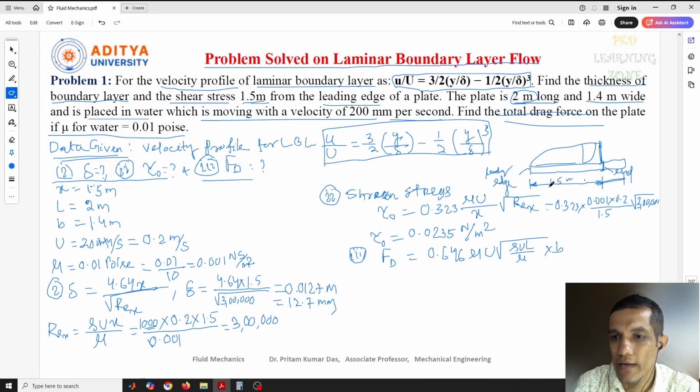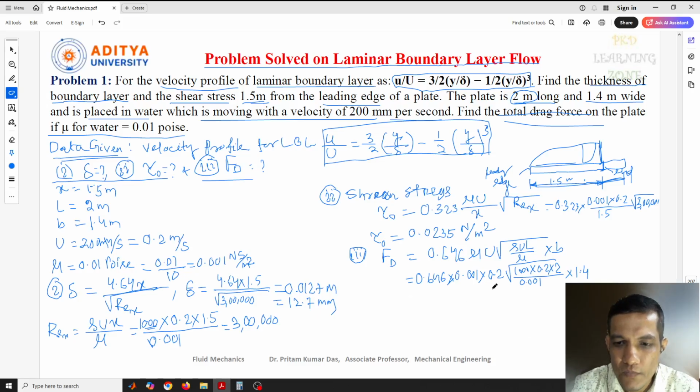So now we calculate this: 0.646 into mu equal to 0.001 into 0.2 as the velocity, and root over of 1000 into u value 0.2, and length is 2 meter, divided by 0.001. The width is already given, this is 1.4.